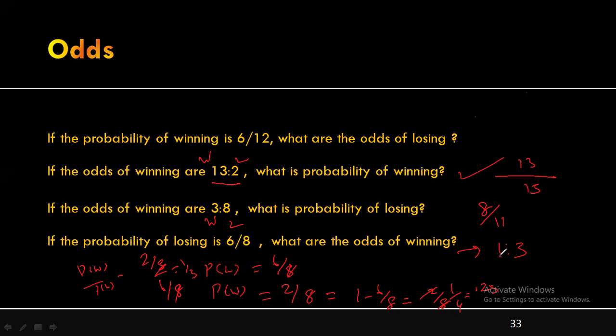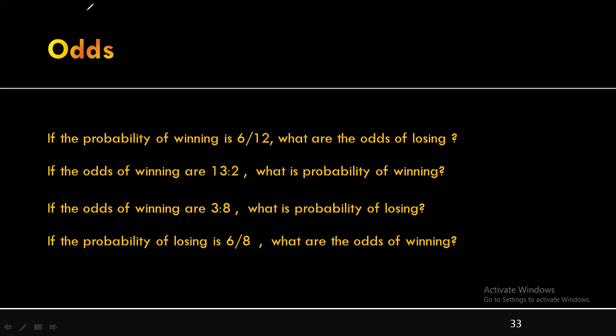For every one time I win, I lose 3 times. If you play 4 games, you expect to win once and lose 3 times. That's the key idea. Okay, next we will see the mathematical foundation.